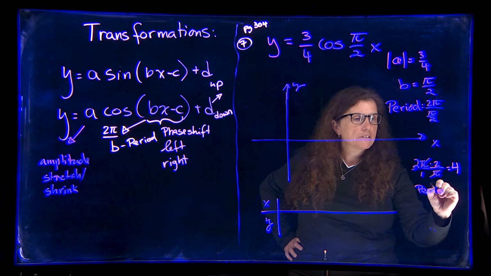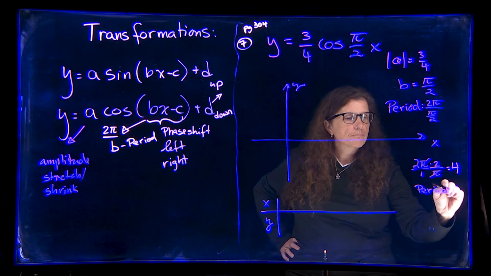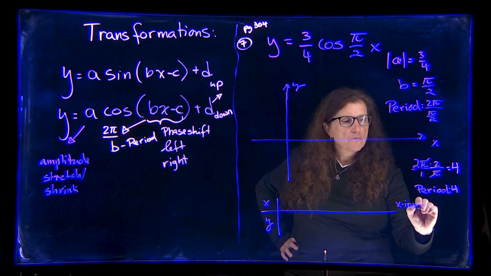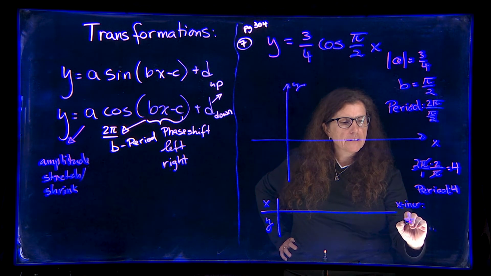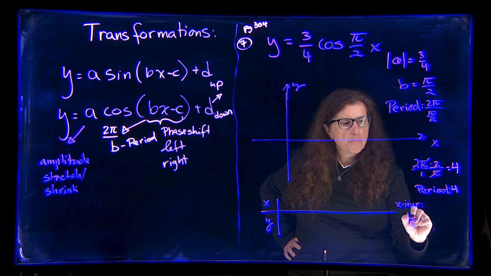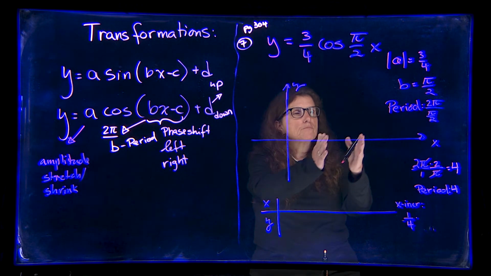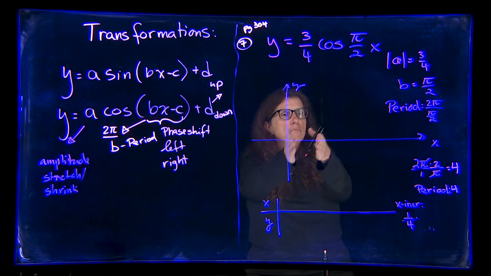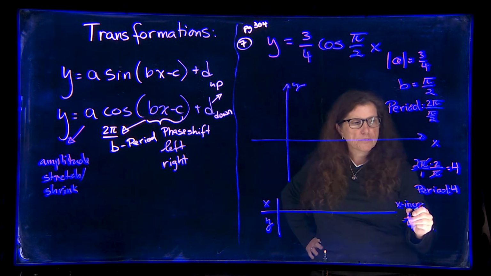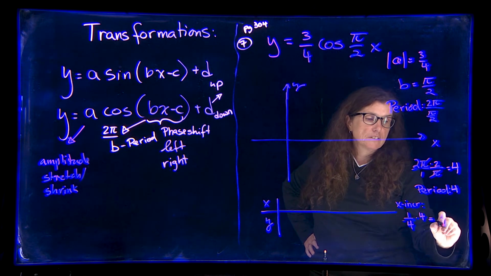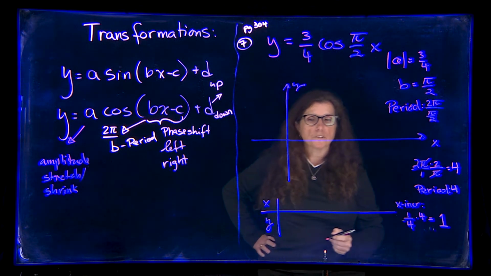The period is 4. The x increments we find by multiplying 4, the period, by 1/4, again, because we have 5 key points, but there are 4 distances in between. So the x increment, which is really nice, is 1.